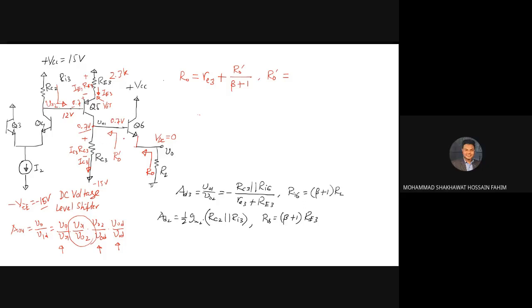Sir, the output resistance like the common base. Common base. What is common base? Sir, 1 minute. You have RC3 here, no?